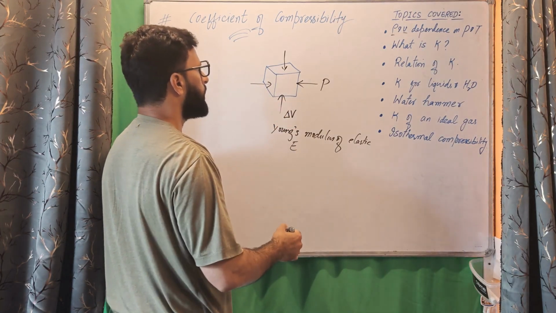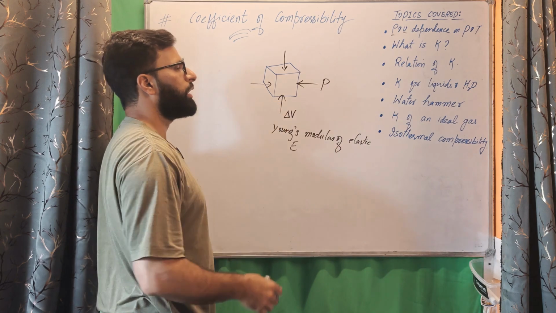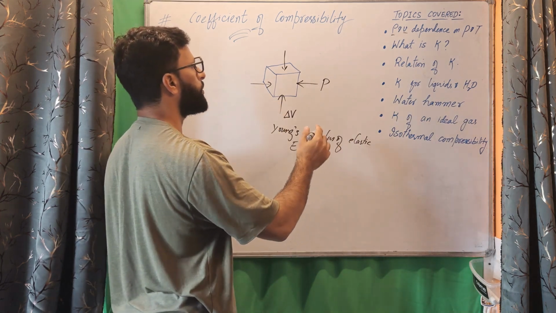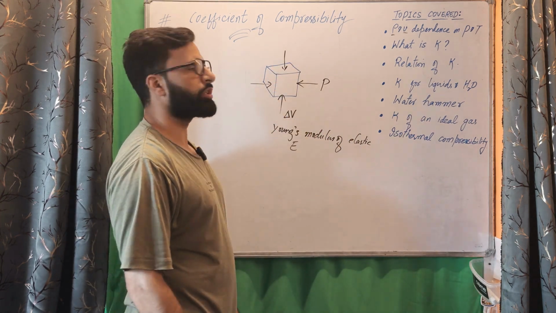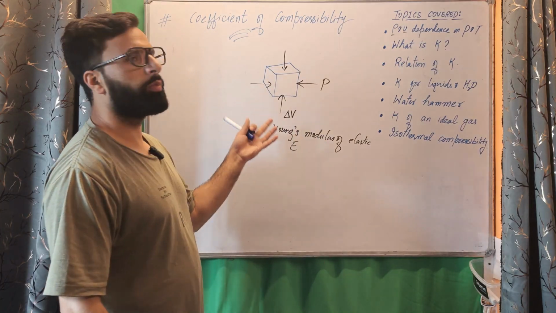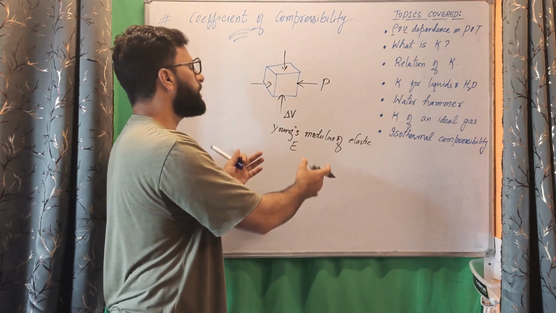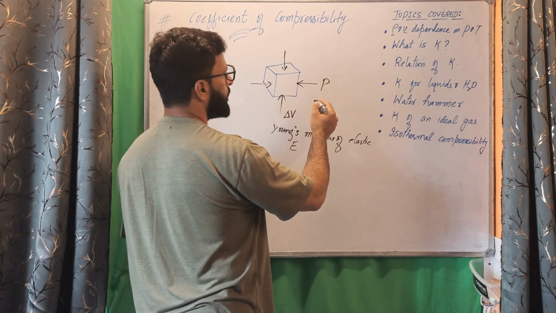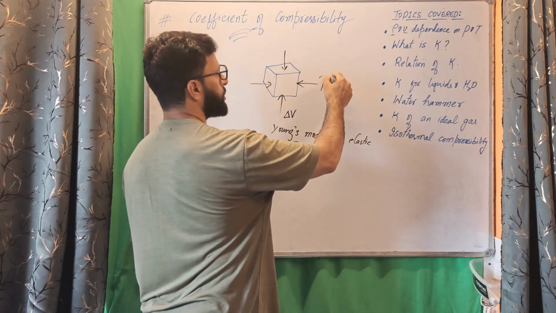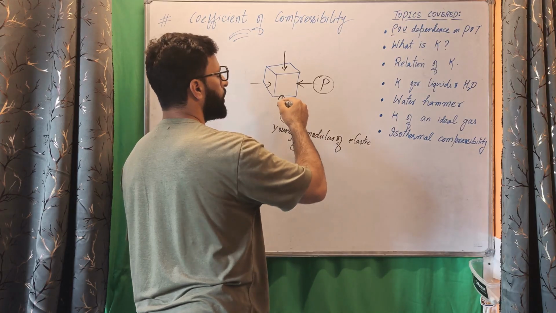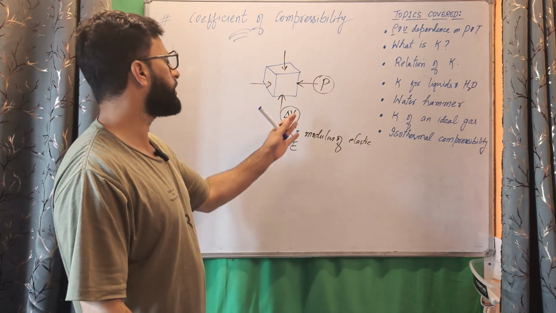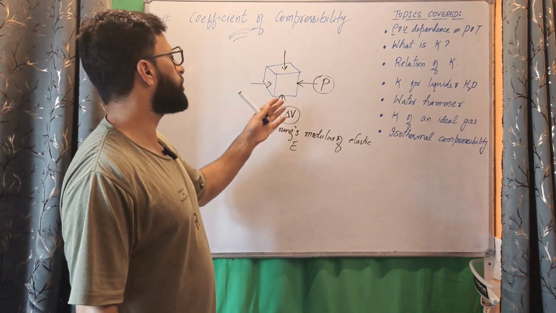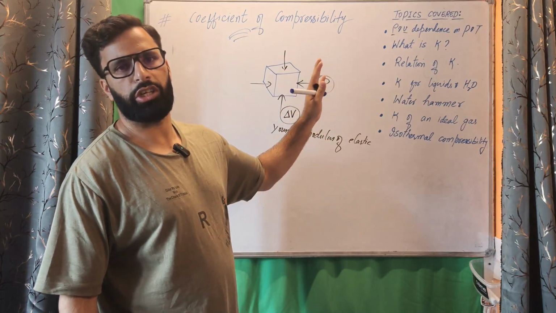Similarly, if instead of a solid this is a fluid, liquid or a gas, and we apply pressure, the volume also changes. With increase in pressure, volume decreases generally, and with decrease in pressure, volume increases. So we have to have a relation between this pressure change and this volume change, and volume change is accompanied by a change in density.